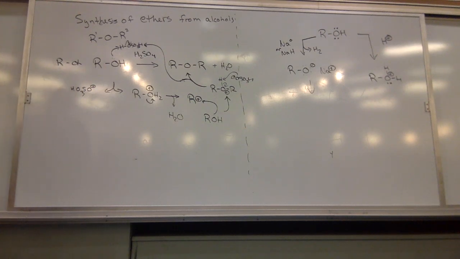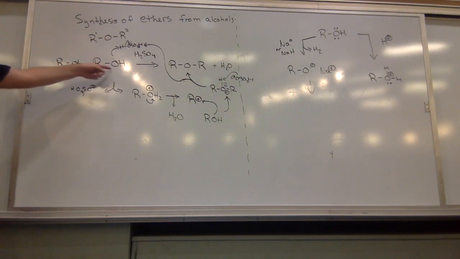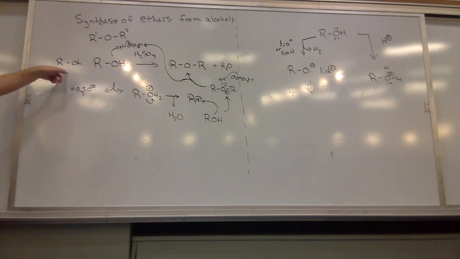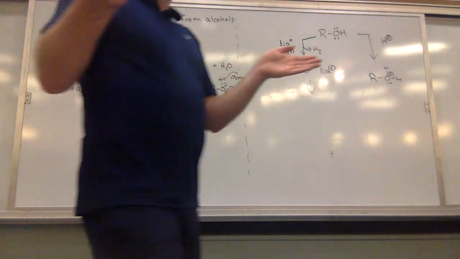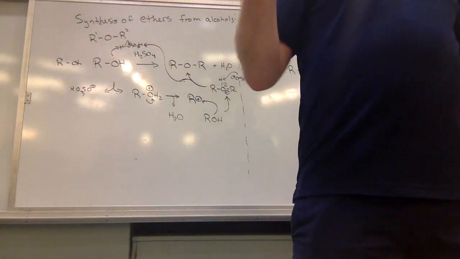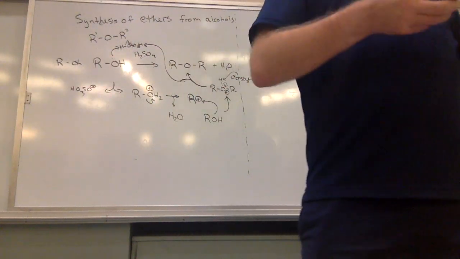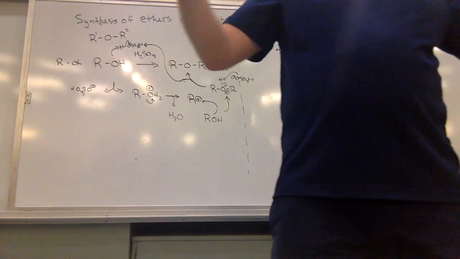For example, if you want to take one equivalent of alcohol and have it react with the other equivalent of alcohol, let's say we wanted to take ethyl alcohol and propyl alcohol and make the non-symmetric ether, that's going to be very difficult to do here. We could drive it by using a large excess of one and having the other as a limiting reagent.